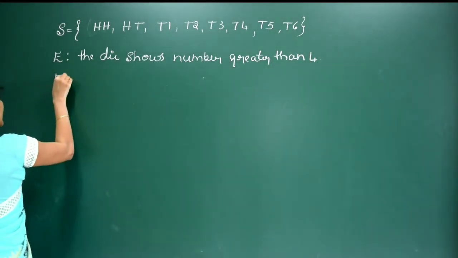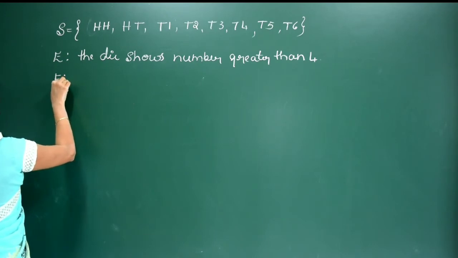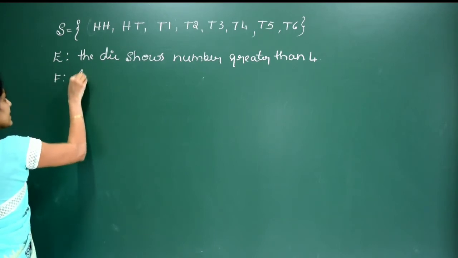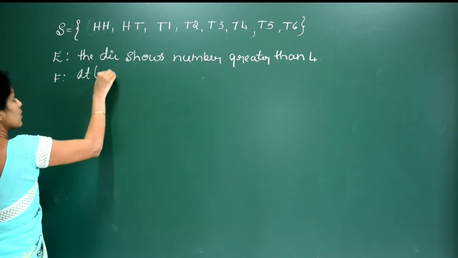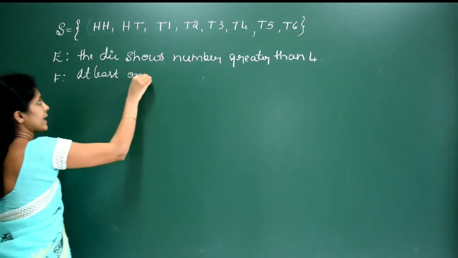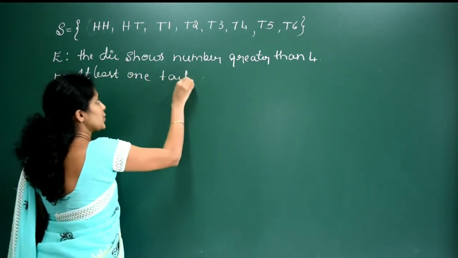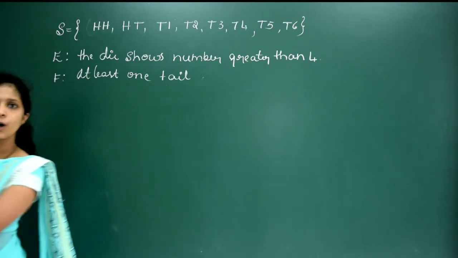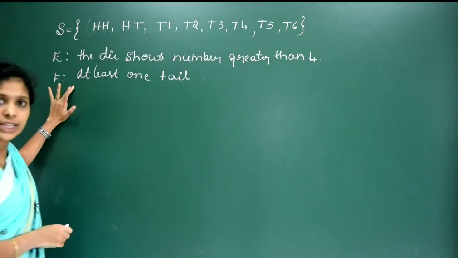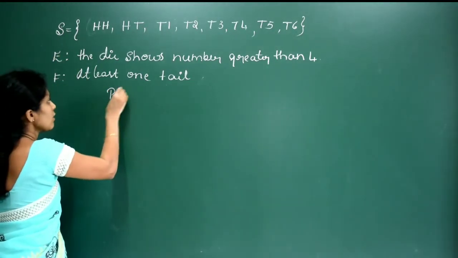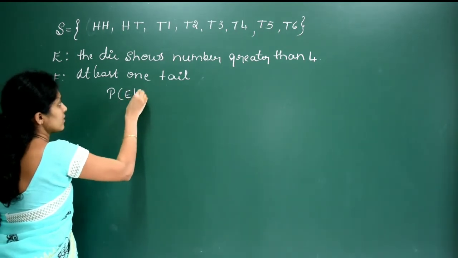It is given that there is at least one tail. Is it clear? Now what do you have to find? Probability of E with respect to F. We need to find P of E by F.